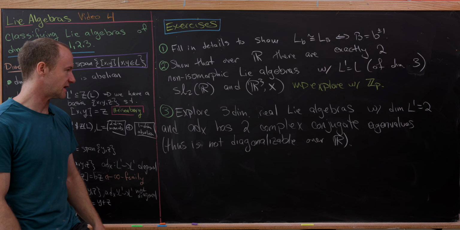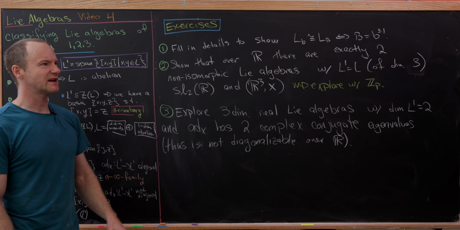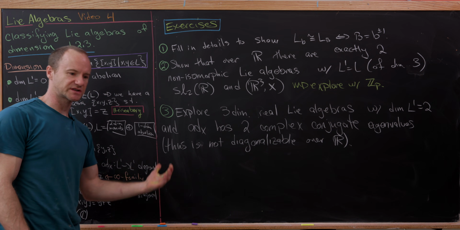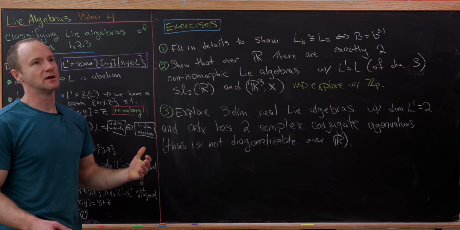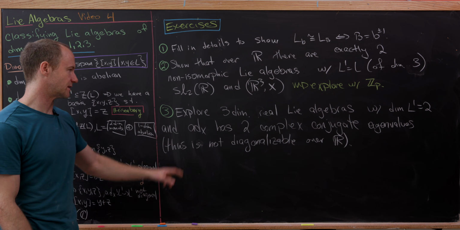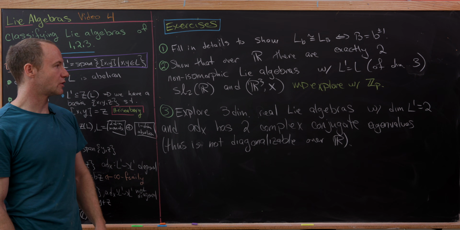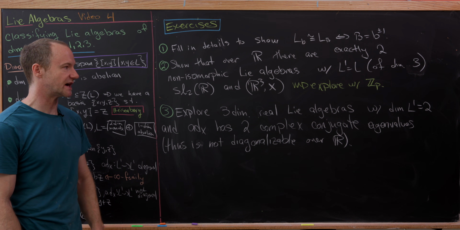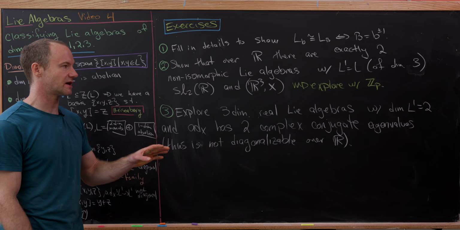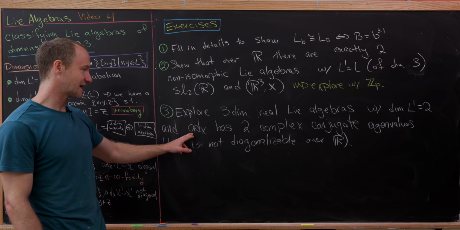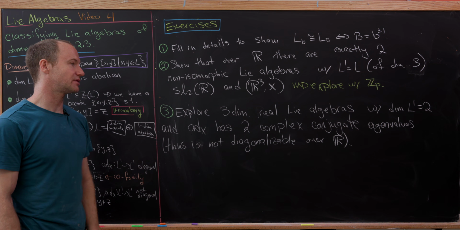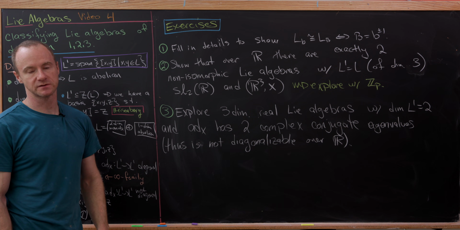And then let's have our third exercise also be related to the case where we may be restricted to the complex numbers. And let's explore 3-dimensional real Lie algebras where the dimension of the derived subalgebra L prime is 2, and then ad x has 2 complex conjugate eigenvalues.